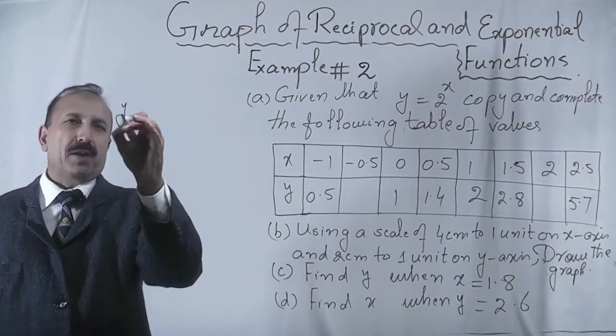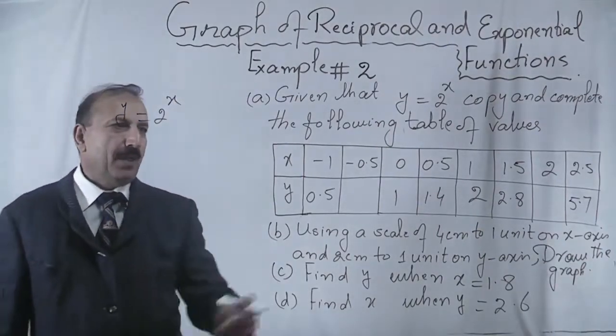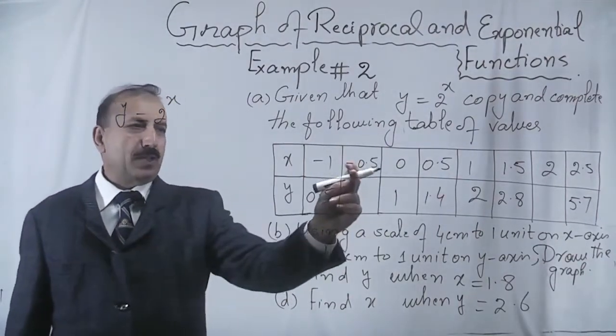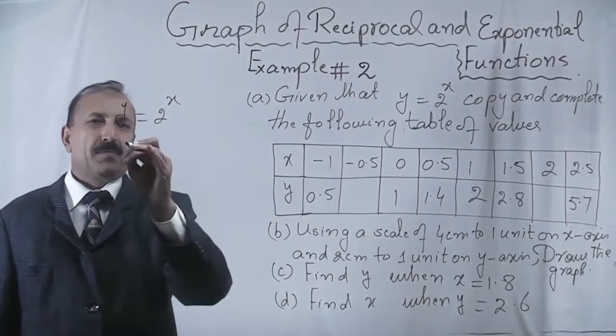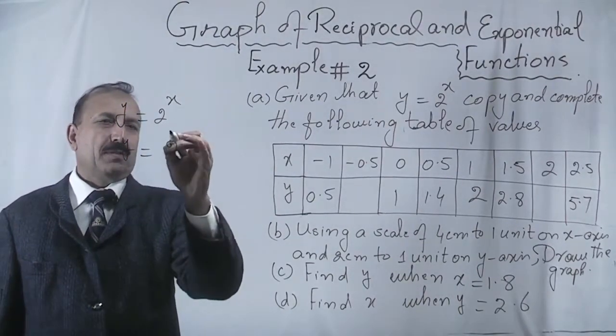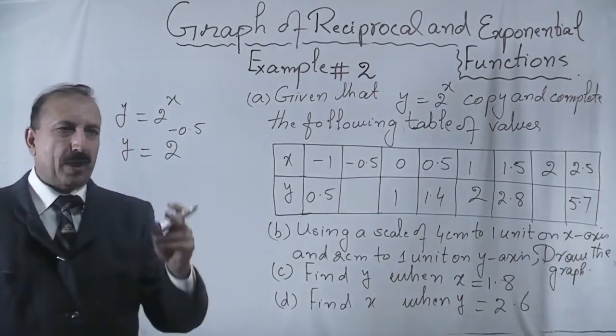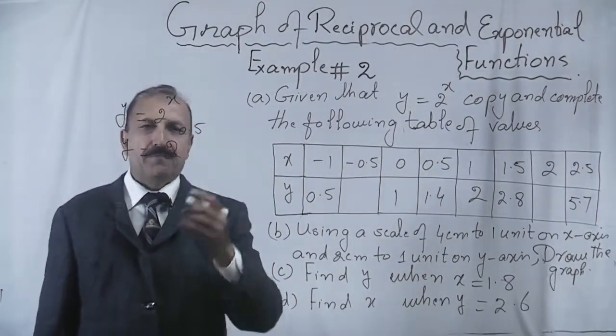We have function y is equal to 2 raised power x, my dear student, and for these two values, let's substitute value of x here. Y is equal to 2 raised power, this is minus 0.5. How to calculate this value? There is some manual process.